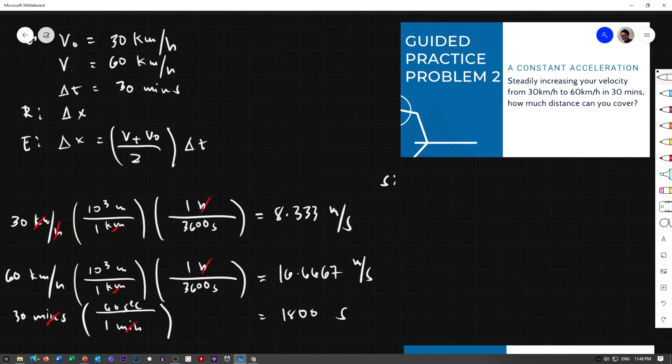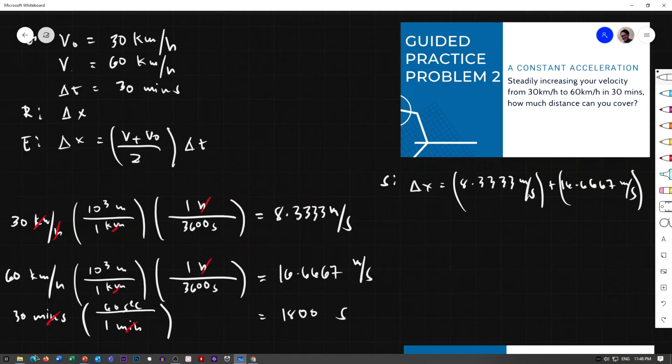Okay, so you have delta x. Well, it's already written properly because our required is delta x, right? So our delta x is gonna be, this is 3. Okay, so you have 8.333 meters per second plus 16.6667 meters per second.